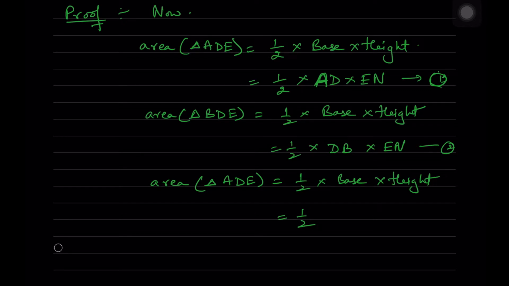For triangle BDE we got the perpendicular EN external to the triangle, forming a right angle triangle, so the base is BD and EN is the height. Next, area of ADE is half into AE into DM, since DM is also a perpendicular.